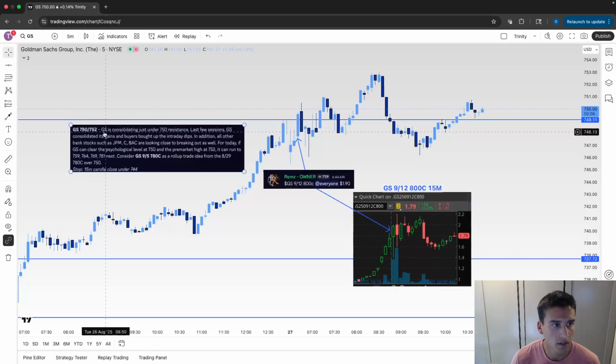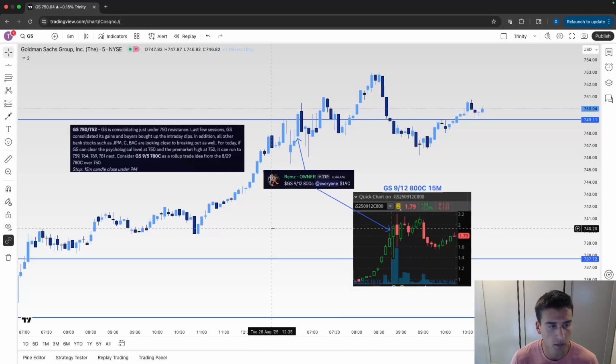We were looking to take some calls through this level because it's a 52-week high breakout. Above 750, 752, you can catch a good amount of points, originally thinking 759, 764, 769, etc. It's an all-time high breakout. This is pretty classic momentum trading through an all-time high breakout. So it's kind of bread and butter here.